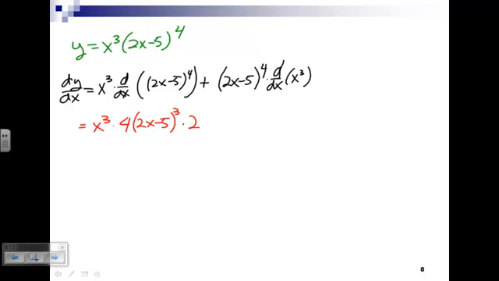Times 2. What's the outside function? To the fourth power. What's the inside function? 2x minus 5. So taking the derivative of the outside, bring the 4 down, reduce by 1, leave the inside the same. Take the derivative of the inside. There's your 2.